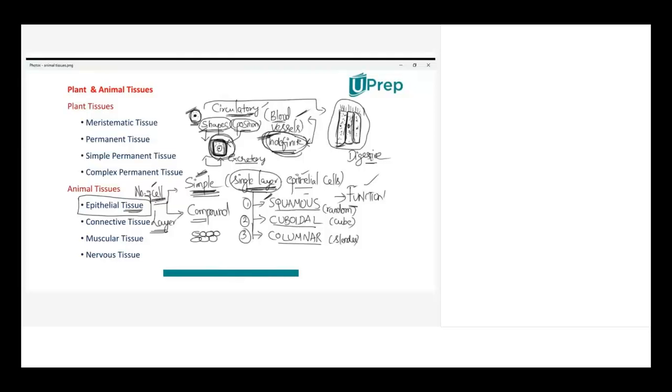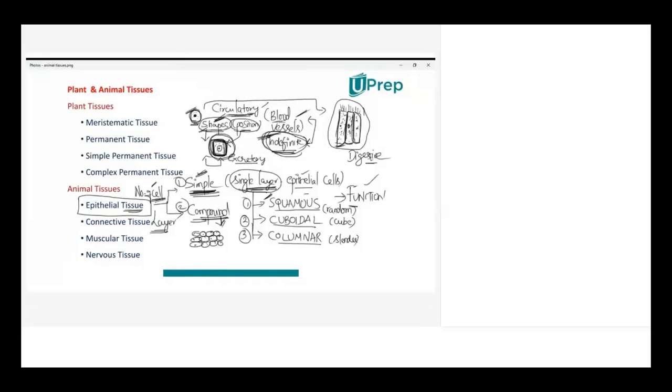Such epithelial tissue is called compound epithelium. But if you have only a single layer of epithelial cells, then that is simple epithelium. And again, simple epithelium is divided based on the shape of epithelial cells and their position.